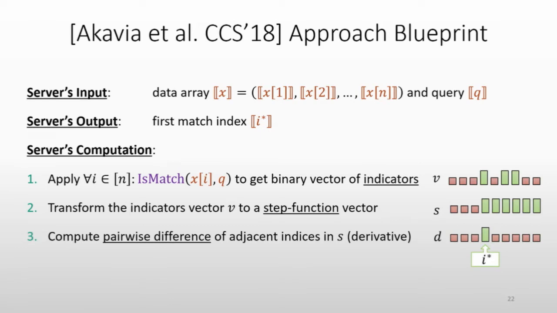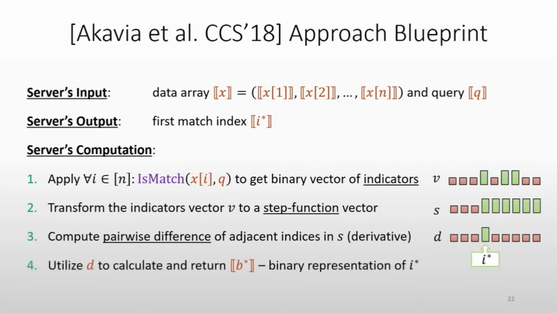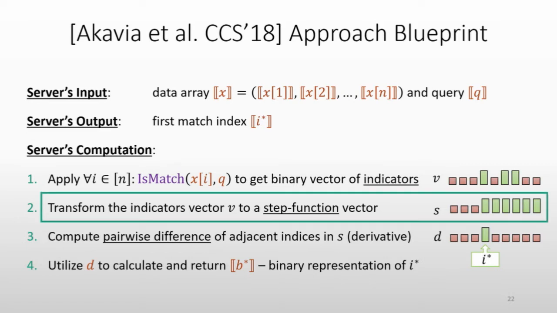Next, he computes a pairwise difference of adjacent indexes in this step function vector, where you can see that the I star element is the only single one that will remain. He can utilize this vector d to calculate and return the binary representation of I star to the client. Everything is quite straightforward here, except the second step, how we transform the indicators vector into a step function vector. So let's dive into this.